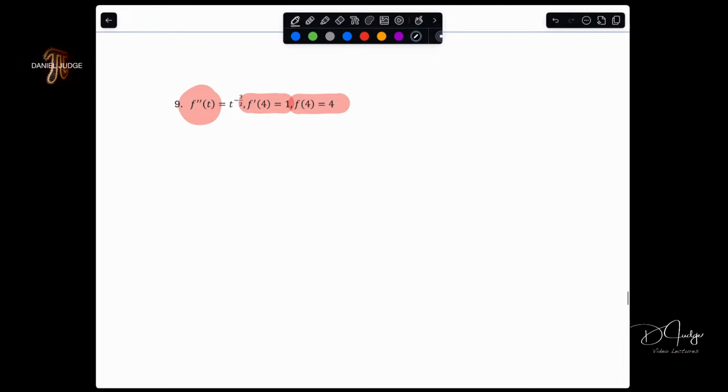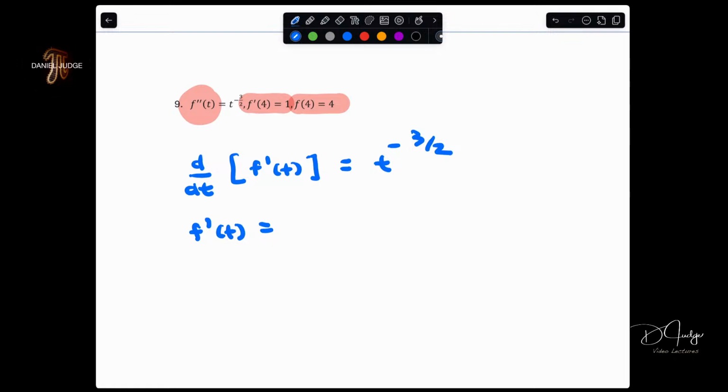Let's do the details like we did before. The variable now is t. Okay, so d dt of f prime t is equal to t to the minus 3/2 power. That means that f prime t is the antiderivative or the integral of t to the minus 3/2. There's dt.